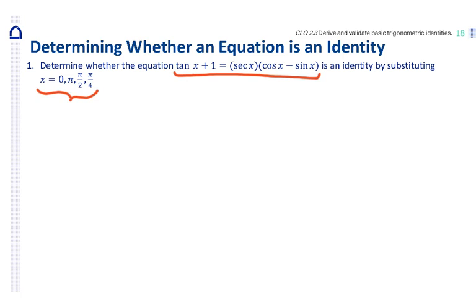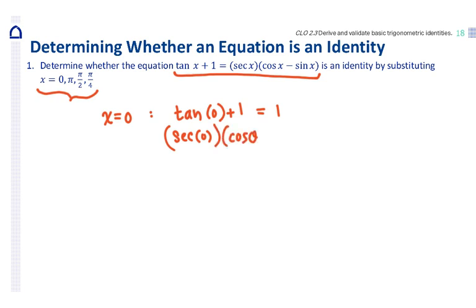So let's start off with when x equals 0. If we plug in tan of 0 plus 1, we would get a value of 1. If we plug in secant of 0 times cosine 0 minus sine 0, we end up also getting 1.